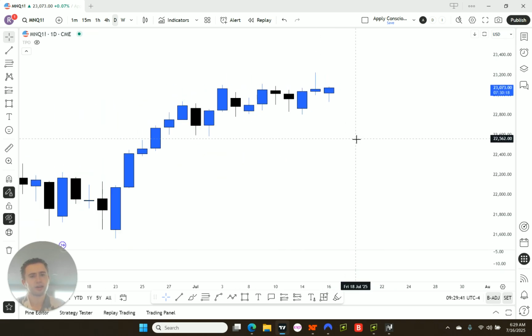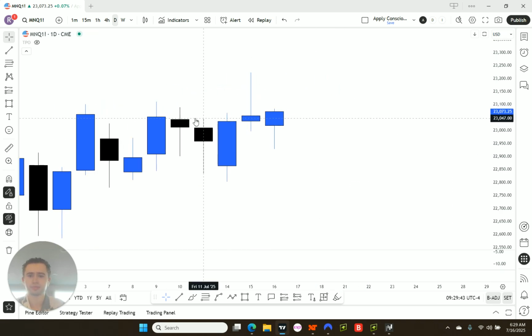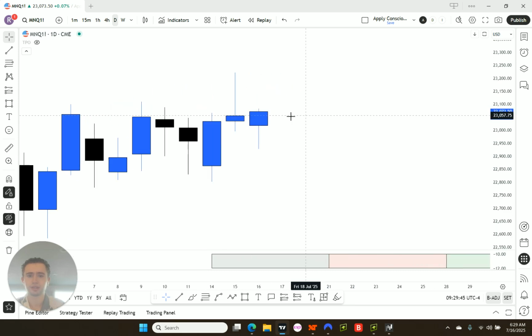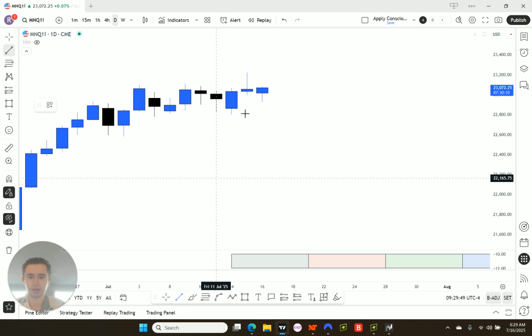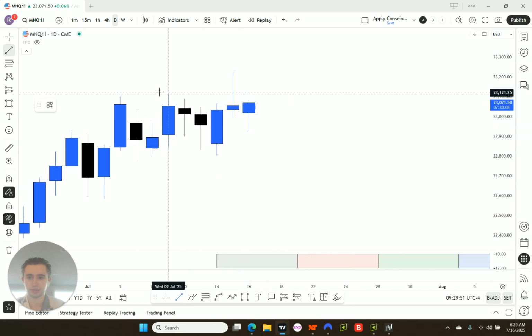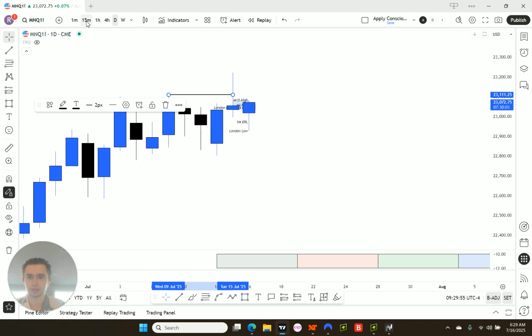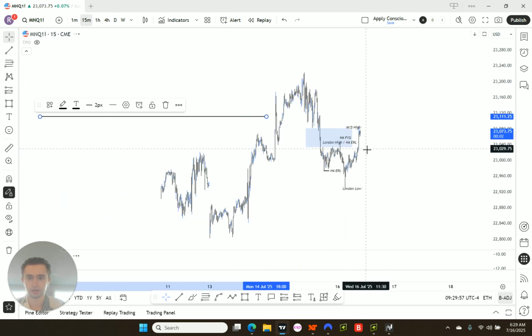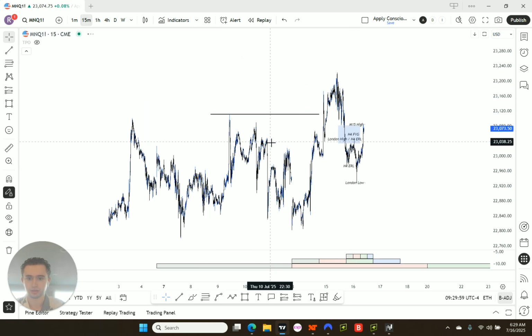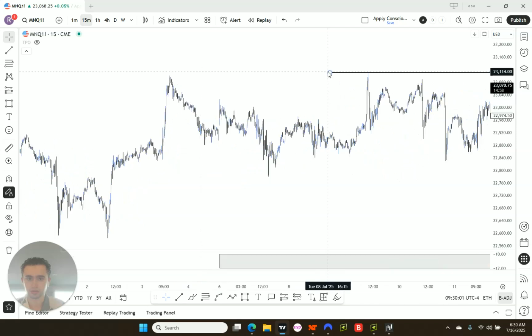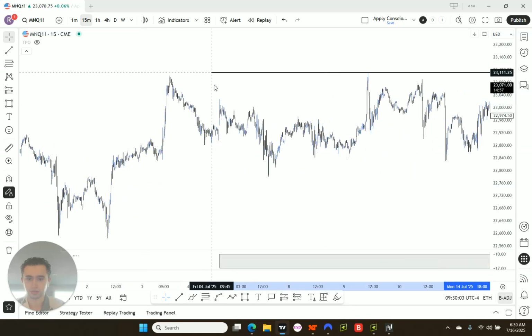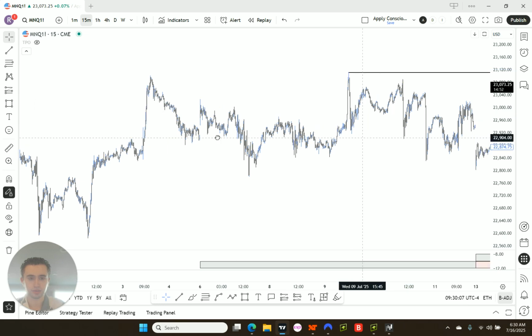So daily, it's just consolidatory. What is this? I think that's the previous week's high, isn't it? Or is that previous day's high? Yeah, that's the previous week's high.